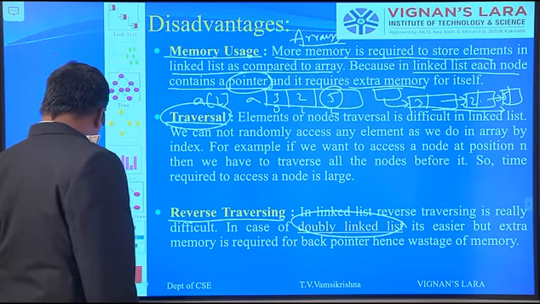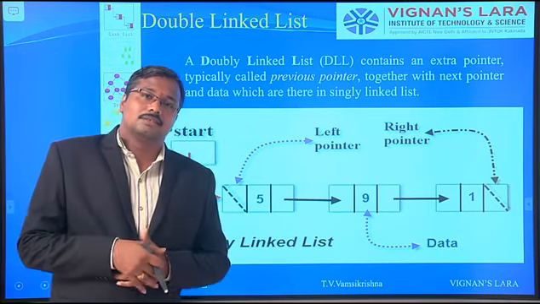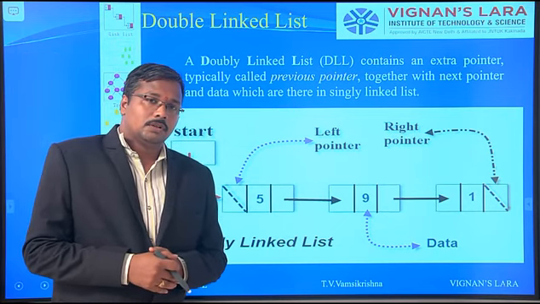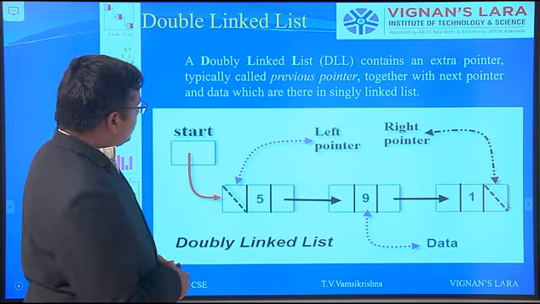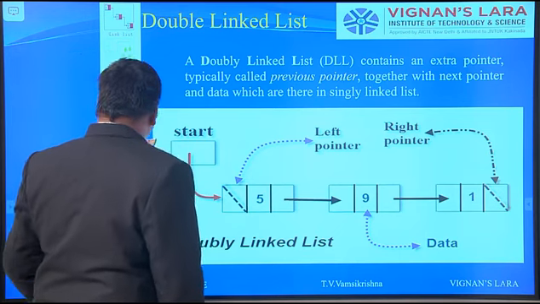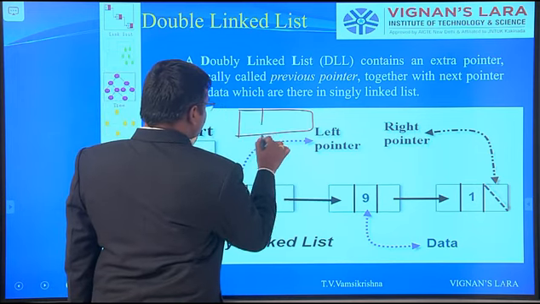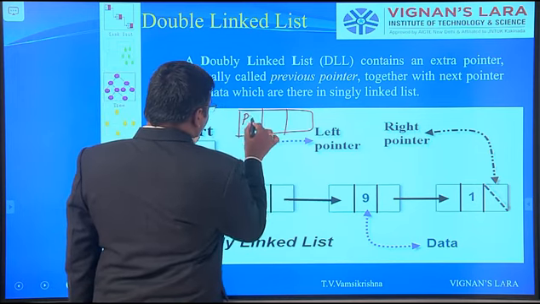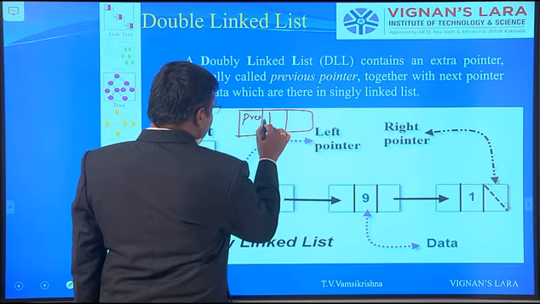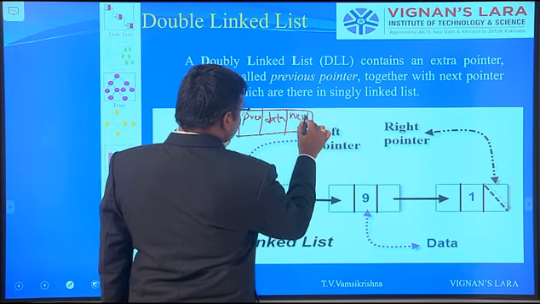Next, how does a double linked list look? As I told in the previous discussion, the node structure is previous node address, data, next node address.